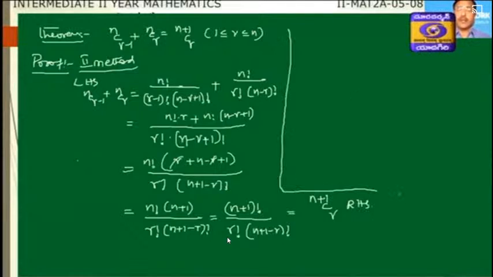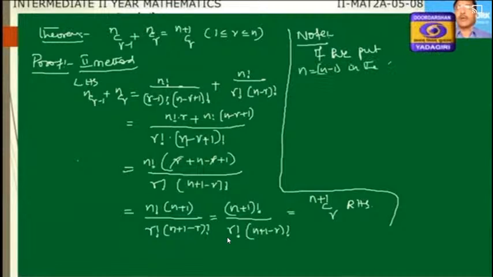Now from this concept, the same formula is applied in the problems in this way. If we substitute n is equal to n minus 1 in the above formula, that will appear like this: n minus 1 Cr minus 1 plus n minus 1 Cr is equal to nCr.